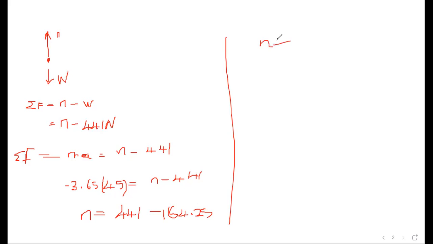Therefore, our N, which is the reading on the scale, would be 441 minus 164.25, which is 276.75. This is a force, so it has to be in newtons. So this is what would be the reading if the elevator was accelerating downwards with that magnitude of acceleration.